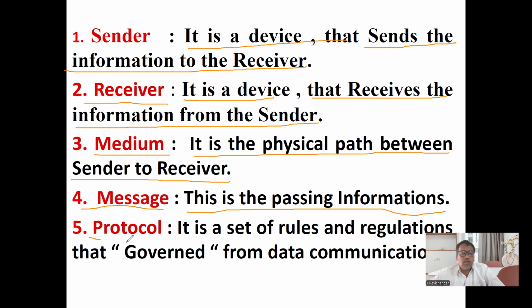Next, protocol. It is a set of rules and regulations that govern data communication. Just now we have discussed. That means where to send the data, how to send the data, when to send the data. So this is decided by protocol.